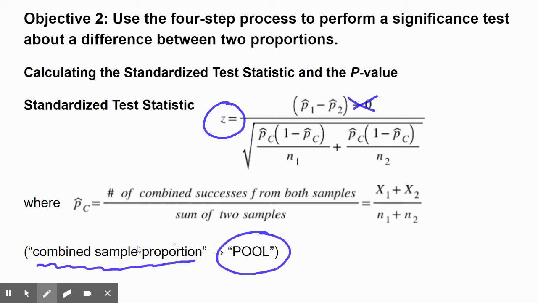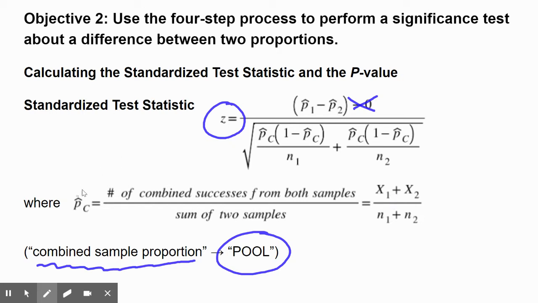Here's the idea: if we assume that there is no difference between the two proportions, then why not lump everything together? Lump the combined number of successes from both samples over the total of the two samples, and that'll give you an even better proportion value. So x1 and x2 are the numbers of successes, and n1 and n2 are the sample sizes. We'll talk about what that means in our problem.